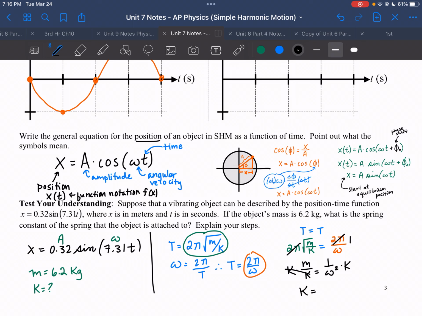So the spring constant is really equal to omega squared times the mass. Now that I have that derived, all I have to do is plug in my information from above. I know that omega is equal to 7.31. So I'm just going to plug that in, 7.31 quantity squared times the mass. And I was told the mass is 6.2. And doing that lets me figure out what the k value is, which ends up being 331.3 newtons per meter.